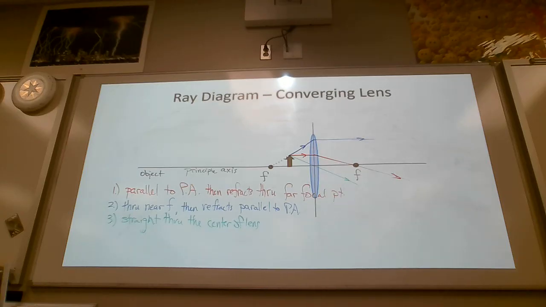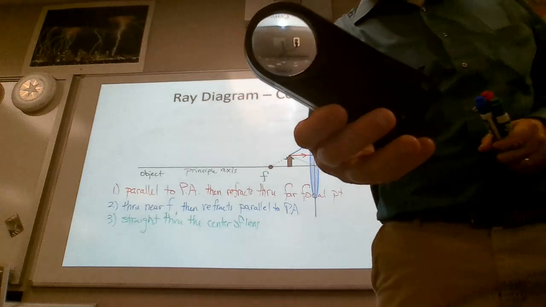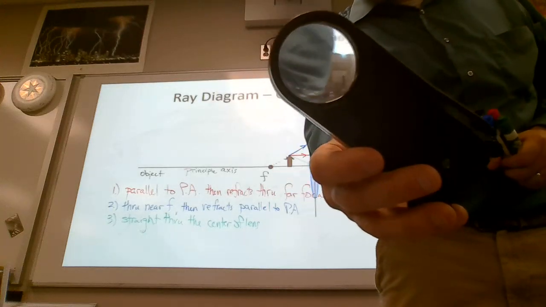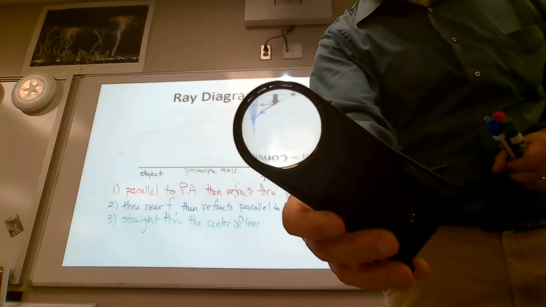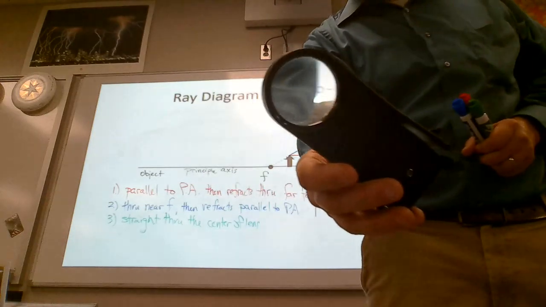In order to do the previous one, take your lens at arm's length, wink, and look at something far away.